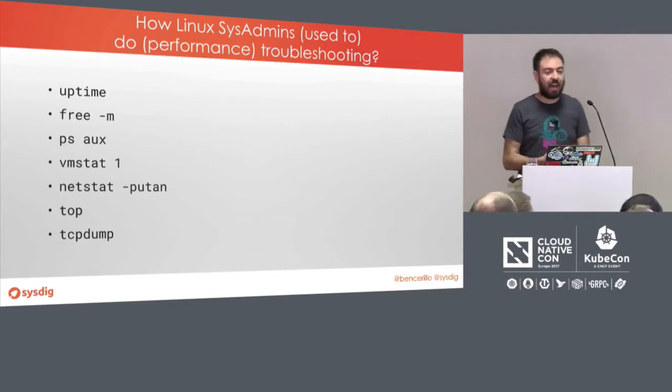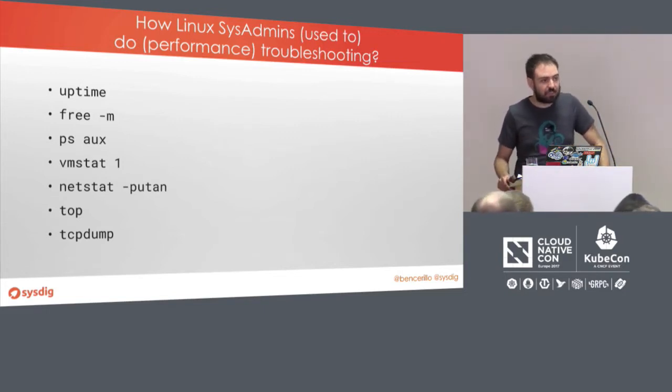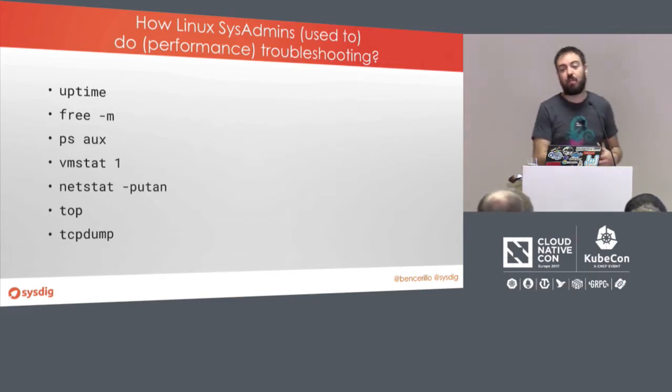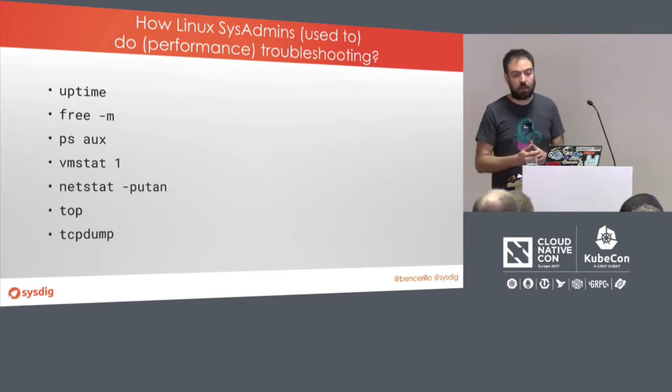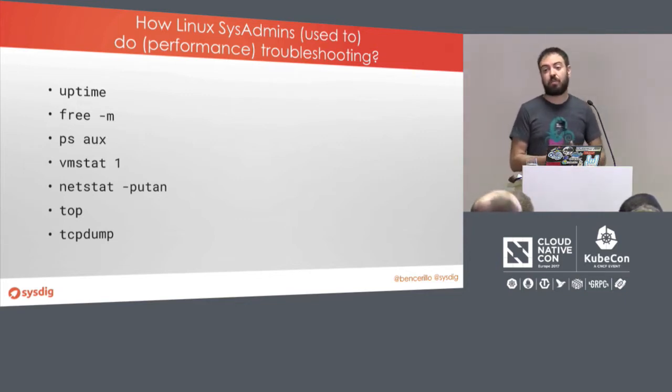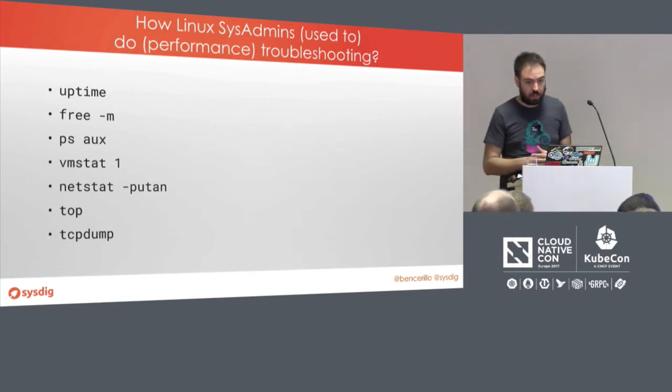Our system call tracing tool is different from OpenTracing or other tracing tools. It's probably more useful for sysadmins. When building our container troubleshooting tool, Sysdig, we saw that sysadmins were previously using all these kinds of tools for troubleshooting.